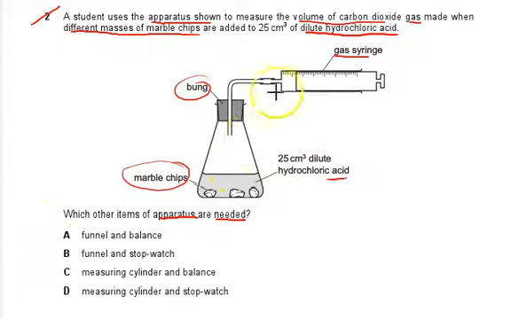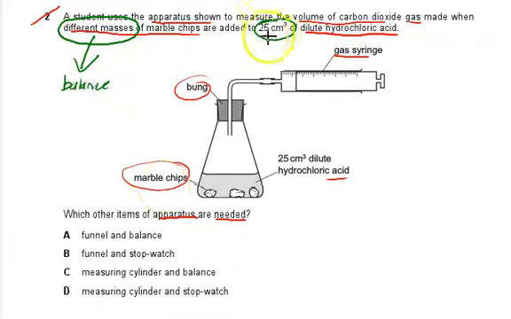The hint is given here: different masses, and we have a volume. The apparatus needed for masses is a balance, and for the volume we need a measuring cylinder. There is no timing here, so we don't need a stopwatch. This is your answer for number 2.